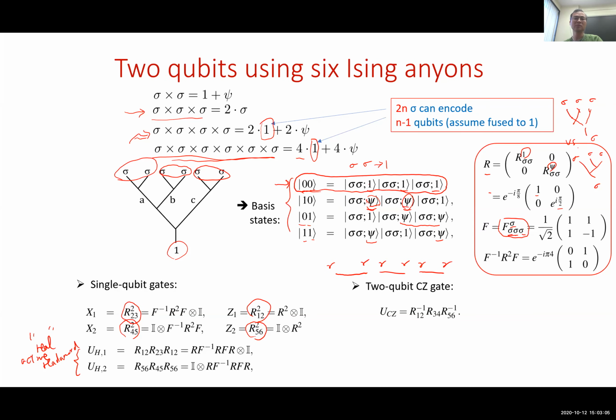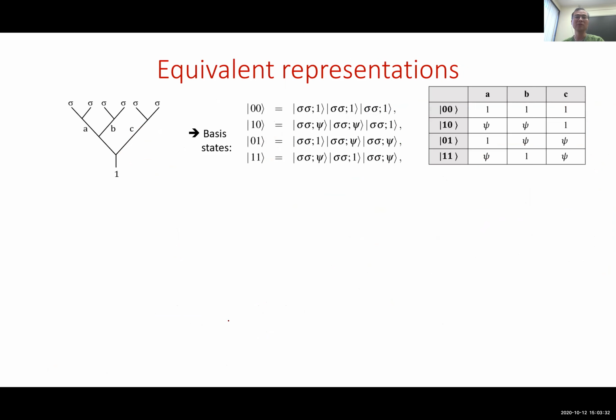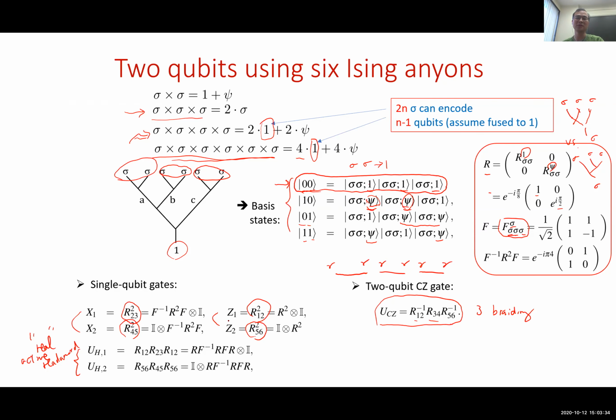And there's also the control Z gate that you see, just using 3 pairs, 3 braidings. And I'm going to explain how you understand these X1, X2, Z1, Z2 in a moment. Any questions so far?